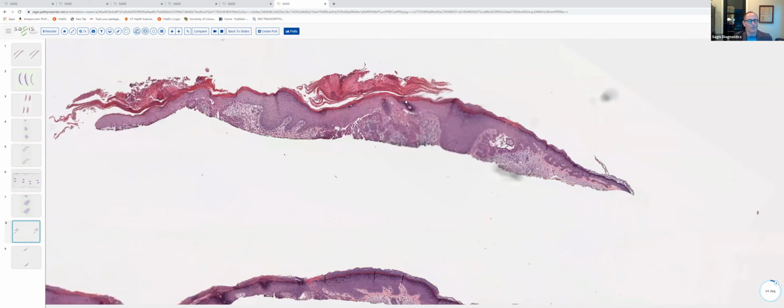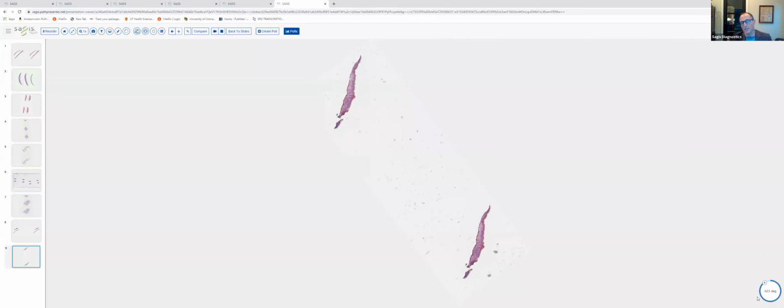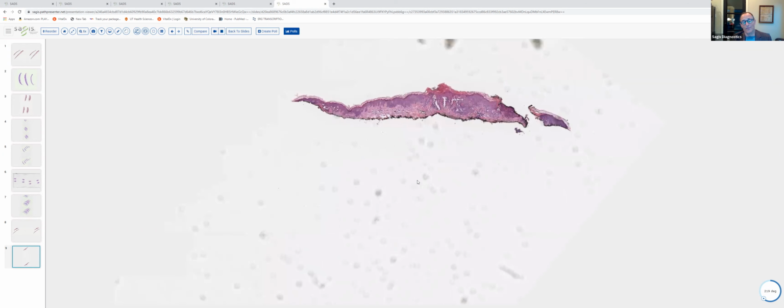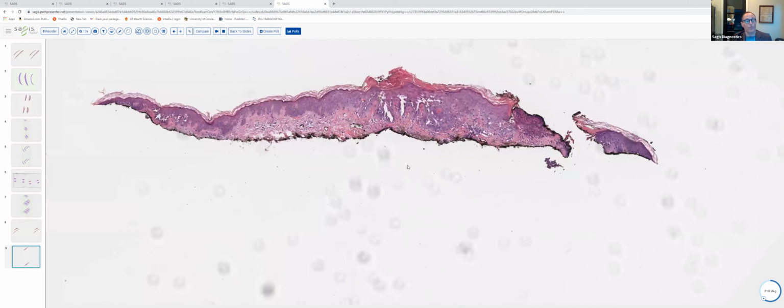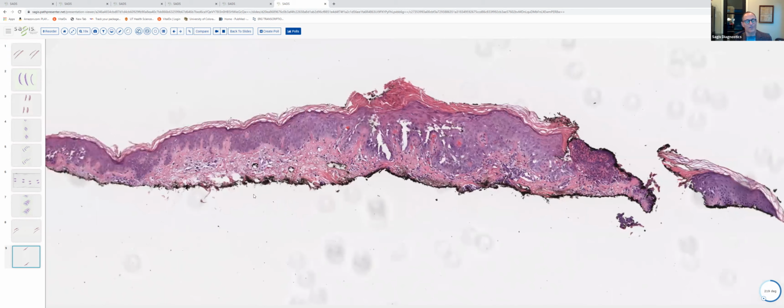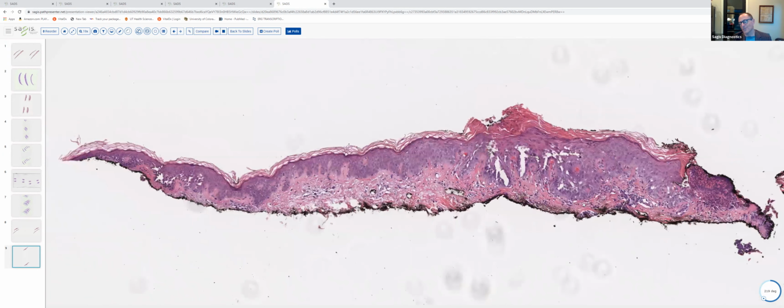And the contrast here is with case number 9. And admittedly, in the absence of history, it would be difficult to come up with the specific diagnosis in this case, but this was from a patient with Grover's disease. The take-home point here is that we have a shave biopsy.